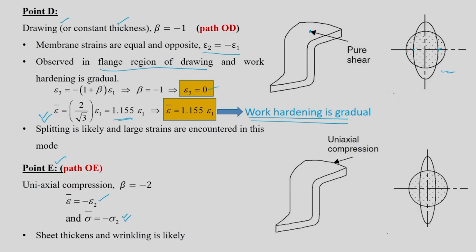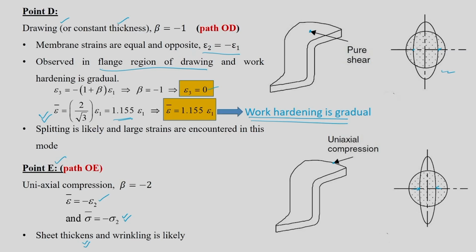Now there is one more point here. This point E is generally seen at the edge of the flange. We call it uniaxial compression. That means the ellipse is further compressed in the width direction, and this is actually a location where the sheet is going to thicken. We have seen one example in the first problem where the sheet thickness was actually a little bit increased.